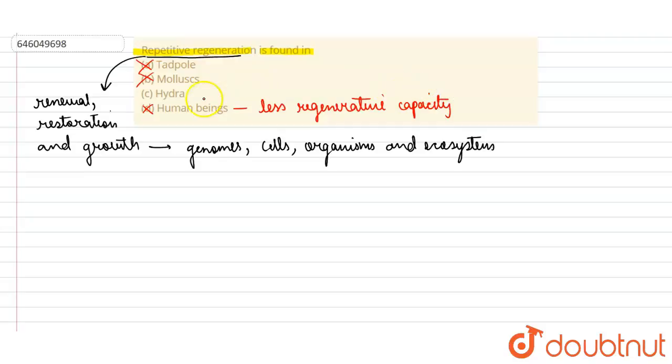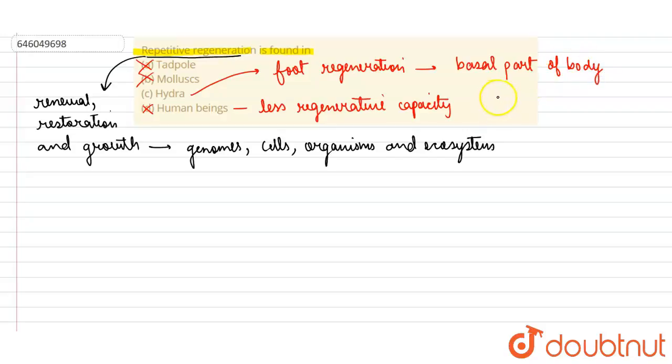But when we talk about Hydra, Hydra is the organism in which the process of foot regeneration is commonly observed multiple times. This foot arises from the basal part of the body. There is another process known as head regeneration.